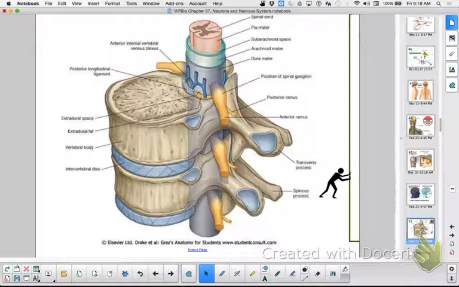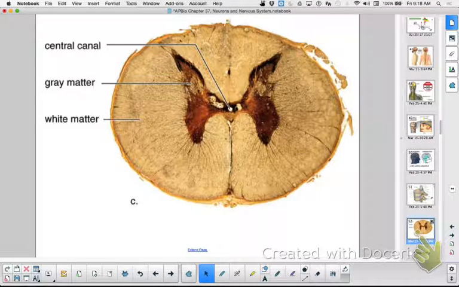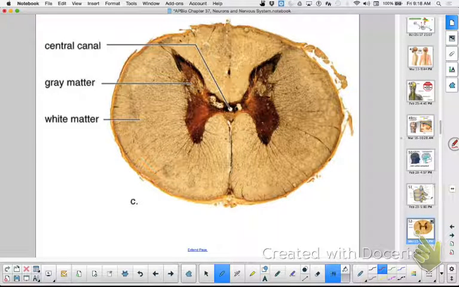Let me see the next picture. Okay, here we go. This person is laying face down like this, and we just chopped them, and you're looking down the spinal cord that way. Now, if you look here, where did I tell you about sensory neurons? They go in the front or the back?